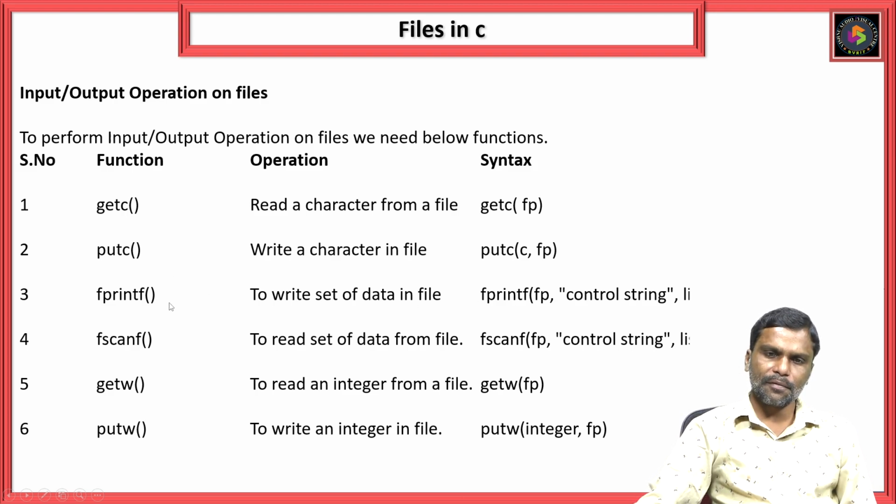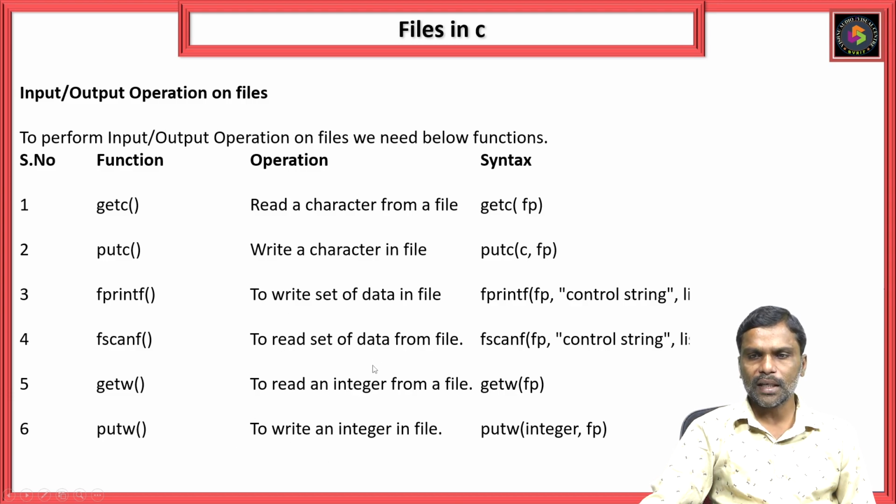And similarly, like printf, we write data with the help of putc and putw. Both are the same in this case. In putc we declare c comma fp, that is, the file pointer.